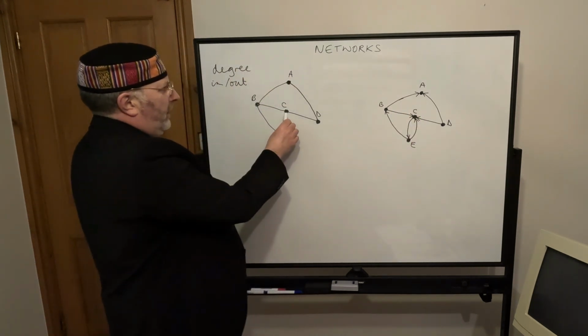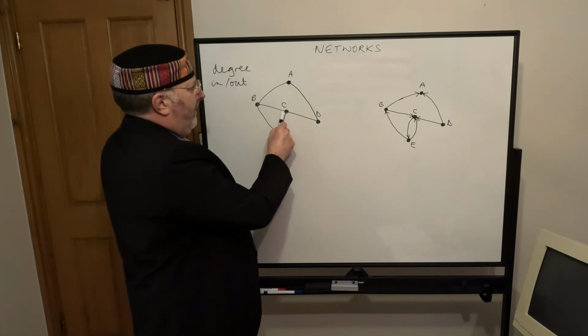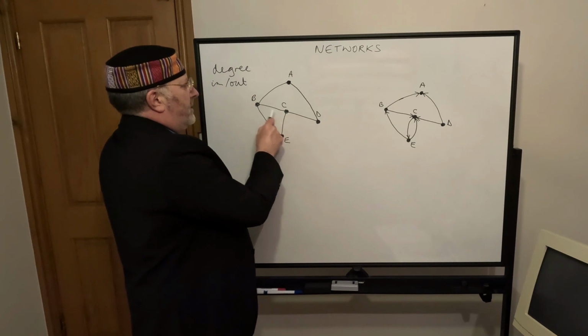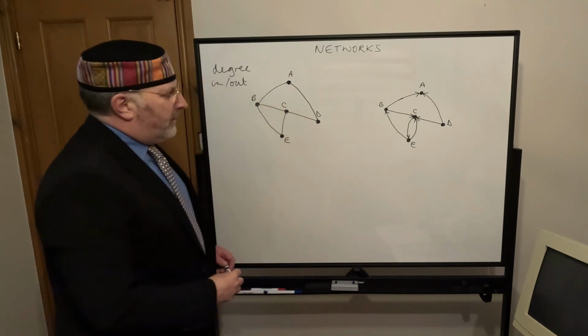In this case, we can get from C to A by just 2 steps, either C to B, B to A, or C to D, then D to A.